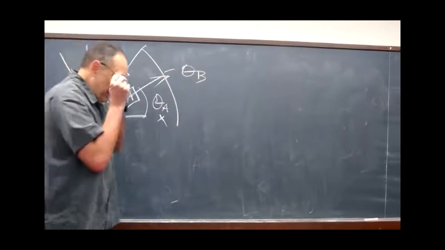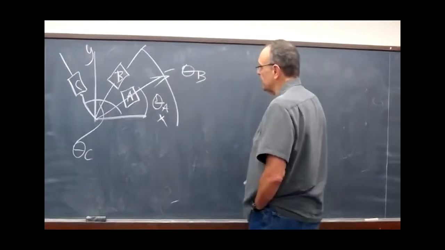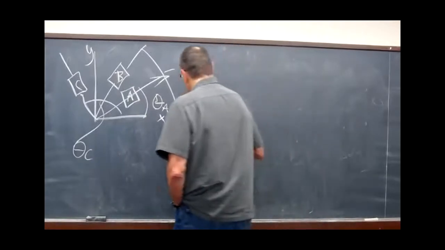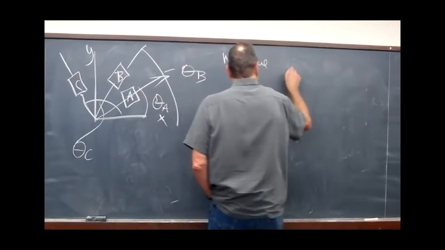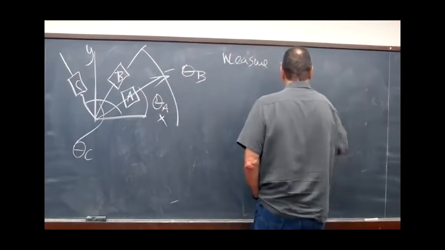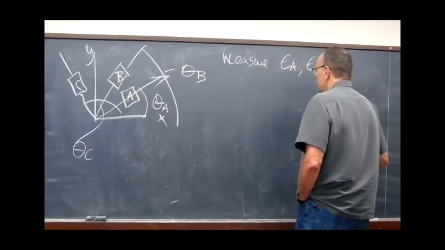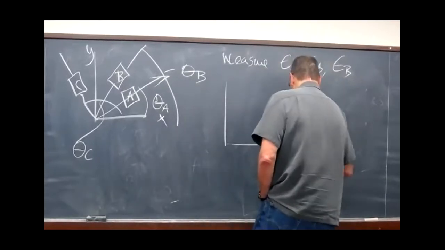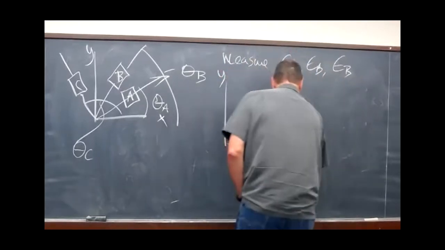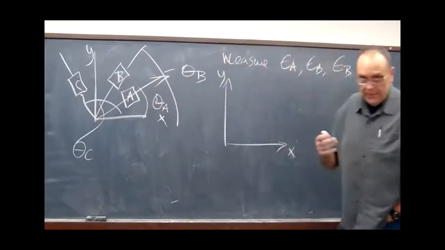And so the output from those strain gauges, you run this through the Wheatstone bridge and you do all the good stuff. You measure what you would call, back when you did stress analysis, epsilon A, epsilon B, and epsilon C. Well, in reality, what you've got going here is a coordinate system, your XY, that is relevant to your sample somehow.